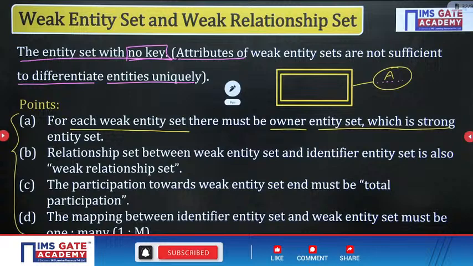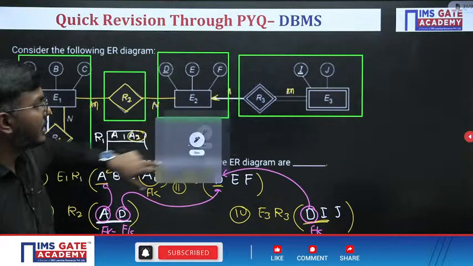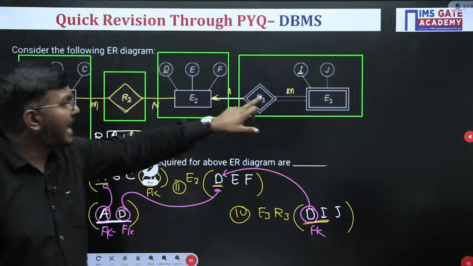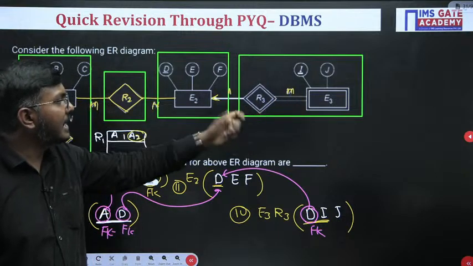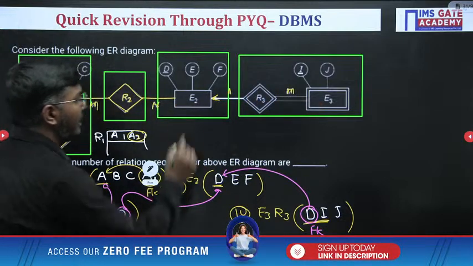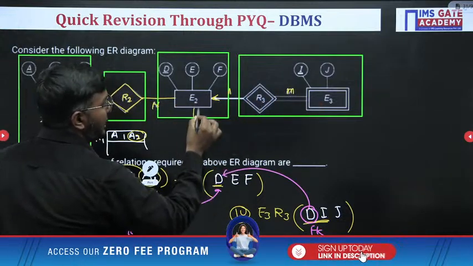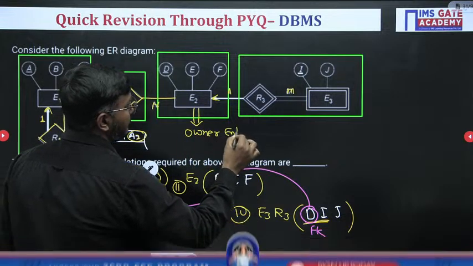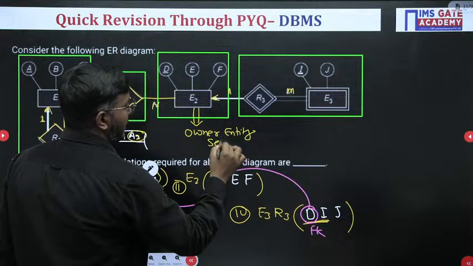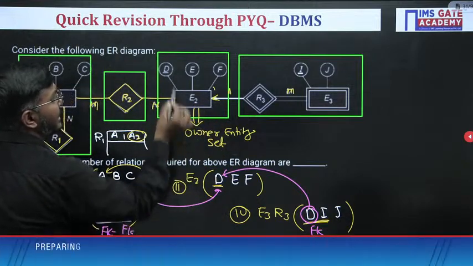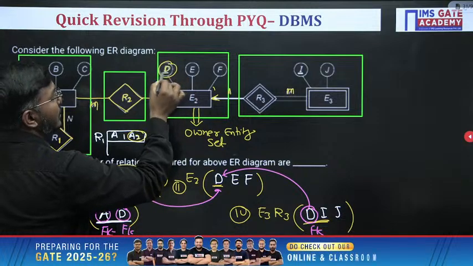Like in the previous example, this is a weak entity set, and this R3 is a weak relationship set defined between E2 and E3. For this relationship, this E2 is nothing but our owner entity set, having the strong key. This E2 is a strong entity set having a strong key. This D is a strong key here.